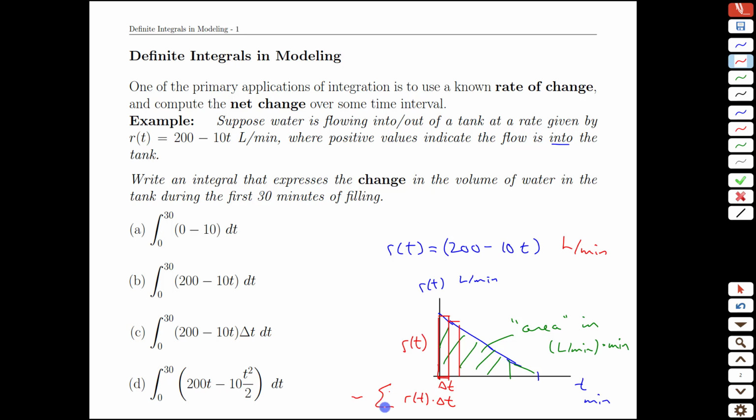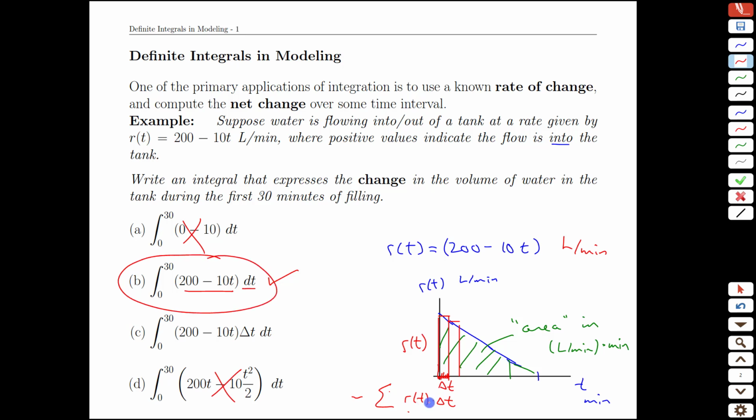And then when we transform that into an integral, that just means using finer and finer rectangles, then we could identify that just by looking down the list. I should see r of t. There's one with r of t. These two are potentials here. I need r of t exactly like it was written out, 200 minus 10t. And then when we change to the integral notation, that delta t becomes a dt. So that makes b the answer we're looking for.